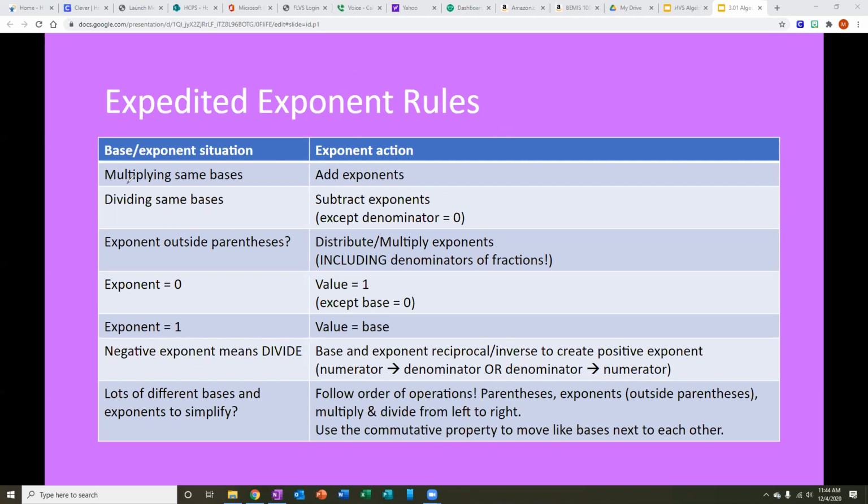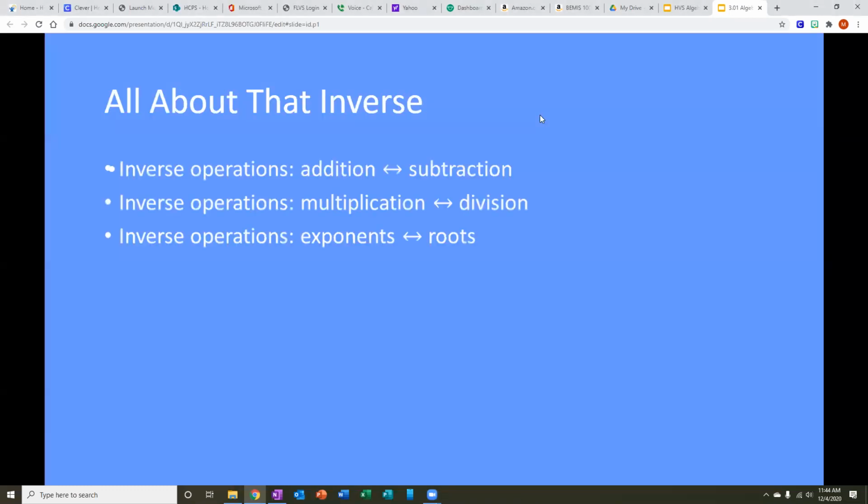Apply the multiplication rule if you have the same bases, etc. Then you would do the exponents, which would be the power to a power. And then you would go from there. So when in doubt, apply the order of operations. Okay. All right.